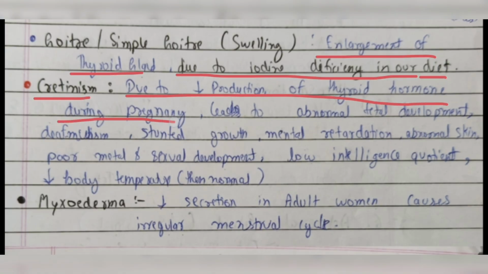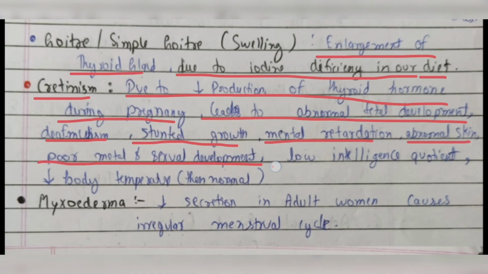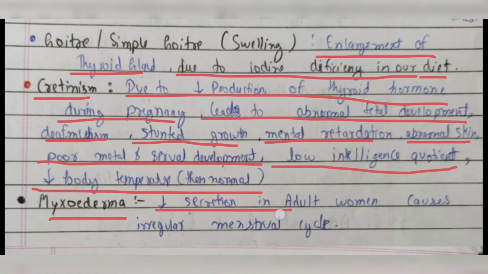It leads to abnormal fetal development, dwarfism, mutism, stunted growth, meaning growth stops, mental retardation, abnormal skin, and poor mental and sexual development, low intelligence quotient, meaning low IQ, and decreased body temperature than normal. One more case is myxedema, which is decreased secretion in adult women and causes an irregular menstrual cycle.